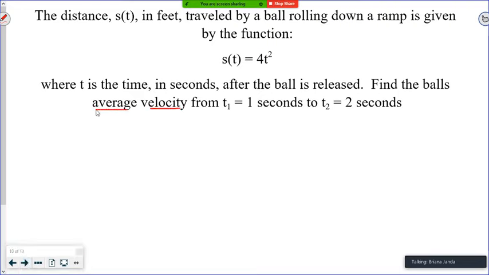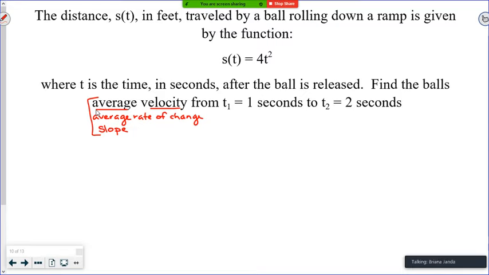Again, average velocity is the same idea as average rate of change, which is the fancy way of saying the slope of the line connecting those points. They're all the same formula. And then it gives us the times, from time equals 1 to time equals 2 seconds.